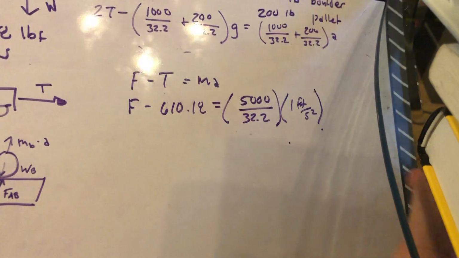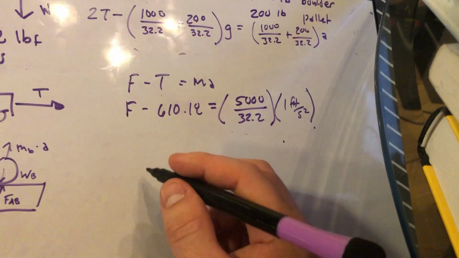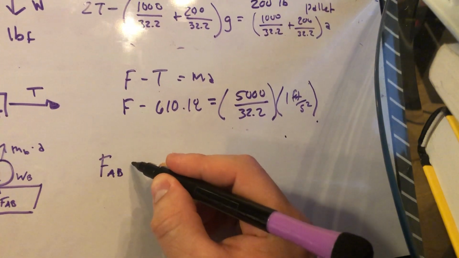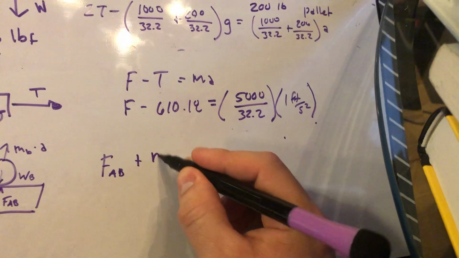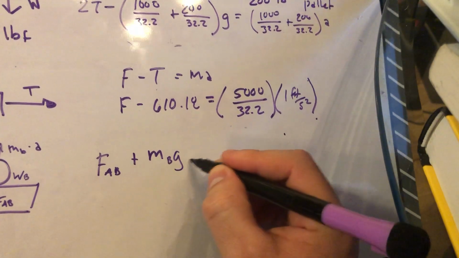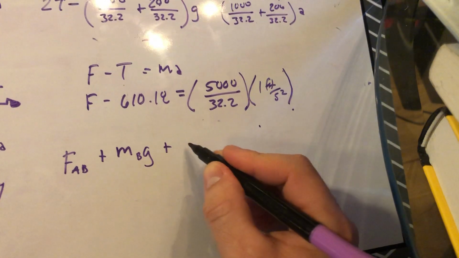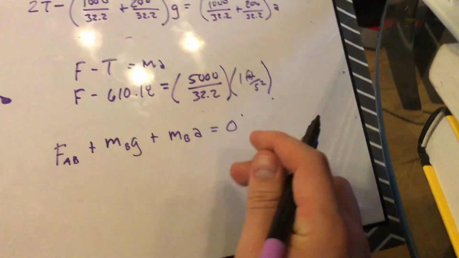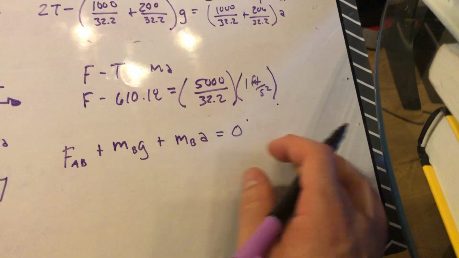So if we set this up, we're going to have force on the pallet plus the mass of the boulder times gravity plus the mass of the boulder times acceleration is equal to 0. This will be over here because it equals MA, right?